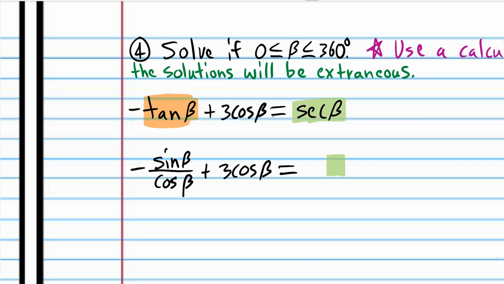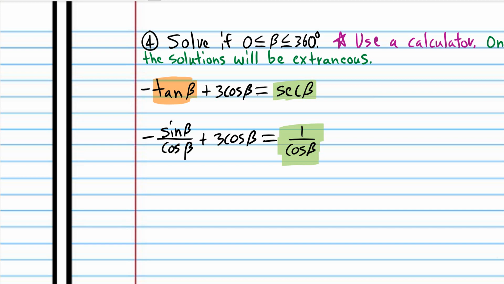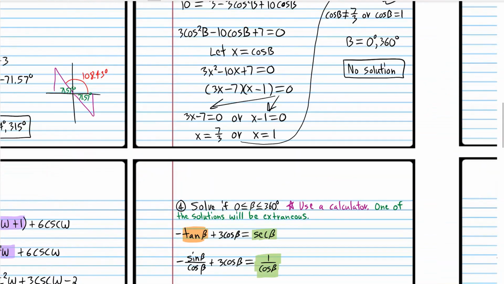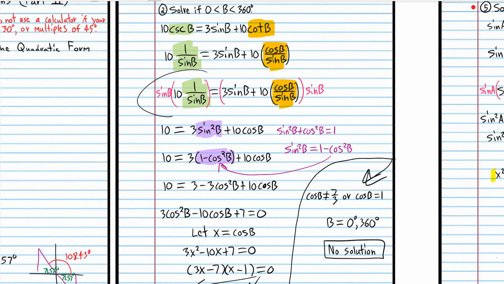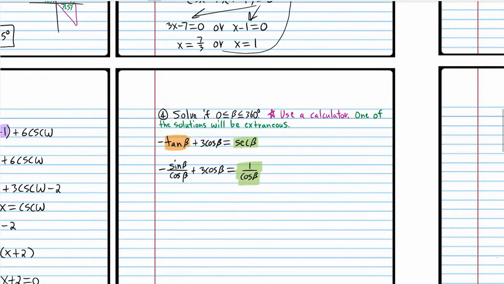We're going to change secant beta to 1 over cosine beta. And then we're going to multiply both sides of the equation by cosine beta. It's kind of what we did here, except in that case we multiplied by sine b.